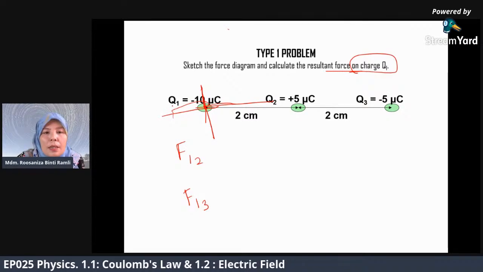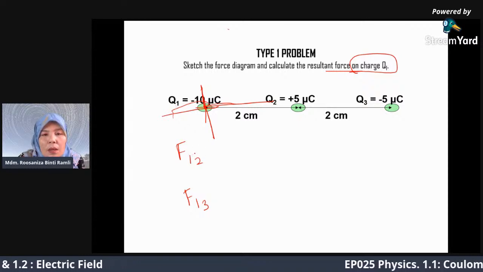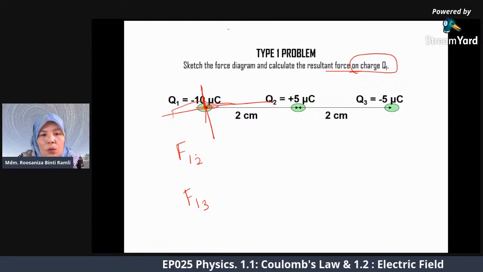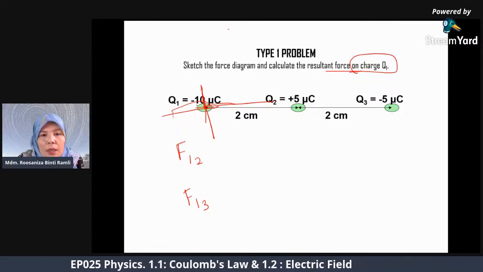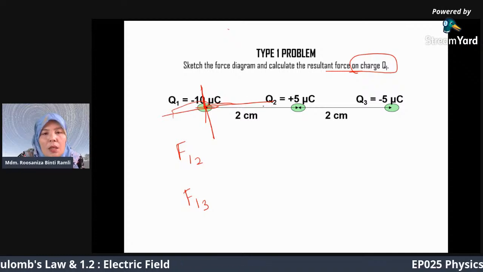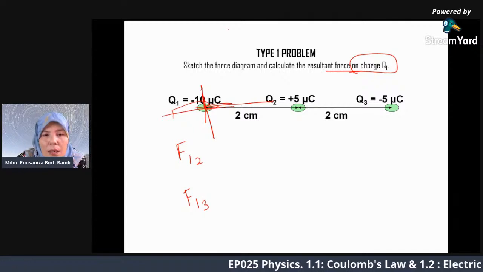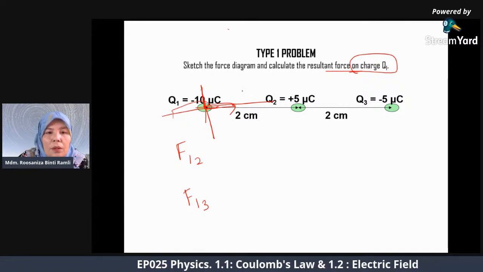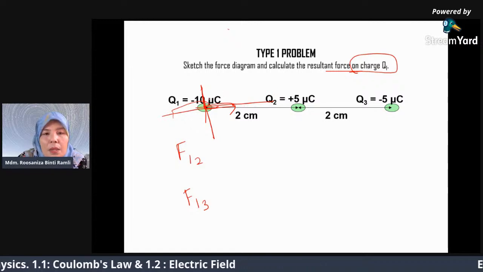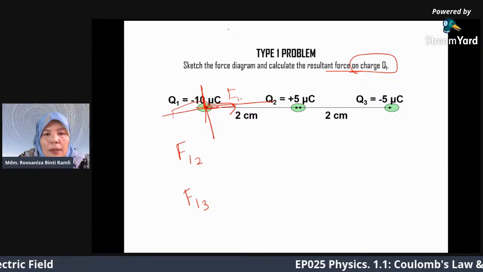Okay, so you can see charge Q1 is a negative charge. First we have to draw the force F12. Q1 is negative charge and Q2 is positive charge, so you can expect the force to be to the right. Why to the right? Because different charges attract each other. So this one is F12.